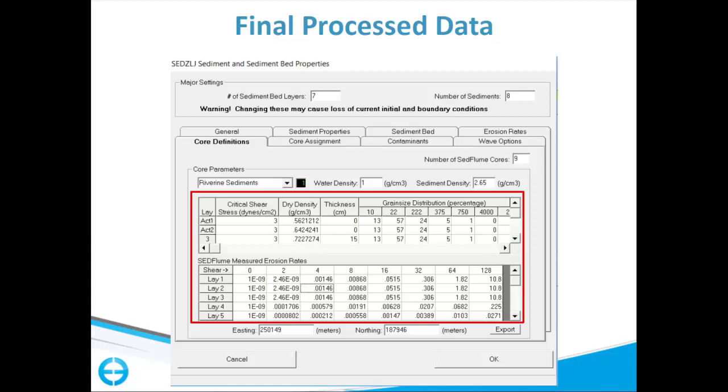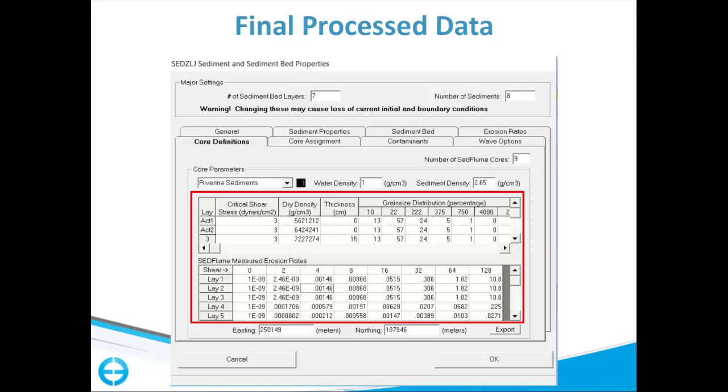It kind of depends upon how much money you want to spend on your SEDFLUME data collection process. But nonetheless, you end up ultimately having to define a set of thicknesses that you want to represent in your actual sediment bed in EFDC and in the SEDZLJ model.